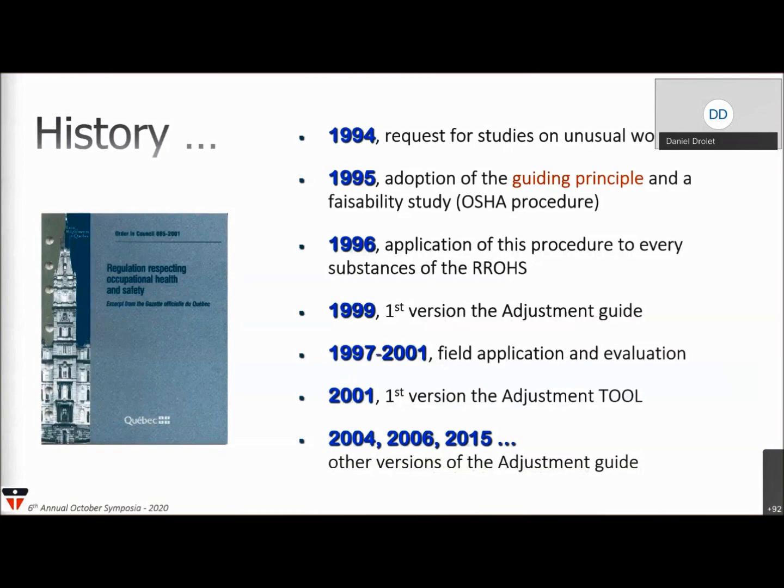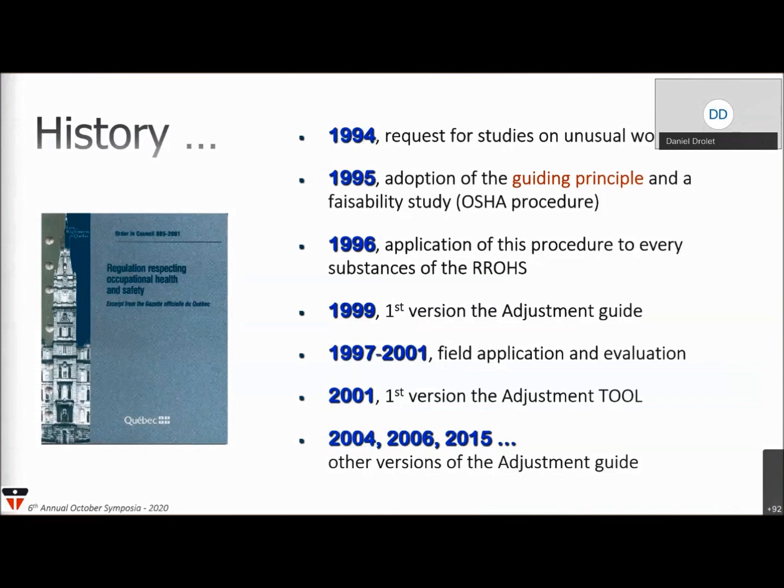But before that, there were a lot of studies, particularly at University of Montreal, and at the Workers' Compensation Board, the CSST, a committee about the OEL, and they finally adopted a procedure to adjust the OEL according to the proposition coming from the research group from the University of Montreal and IRSST.